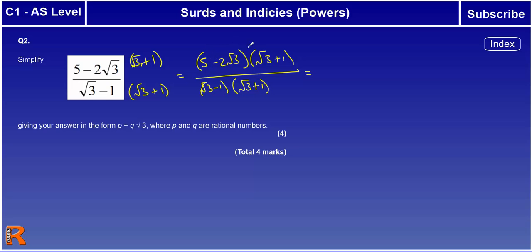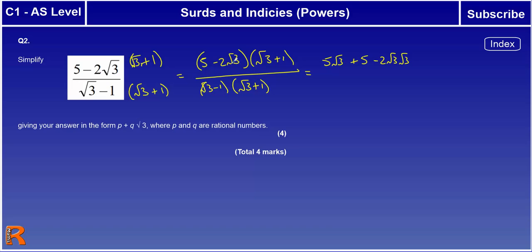So if we do the first term, 5 lots of root 3, the outer terms, so 5 times 1 is plus 5. The inner terms, so we've got minus 2 root 3 times root 3. I'll come back to that in a minute.